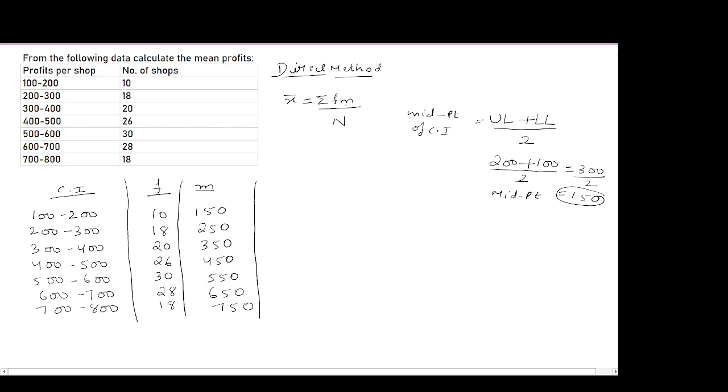Now once we got the midpoint of class interval, I have to multiply f into m, because in the formula I need fm.